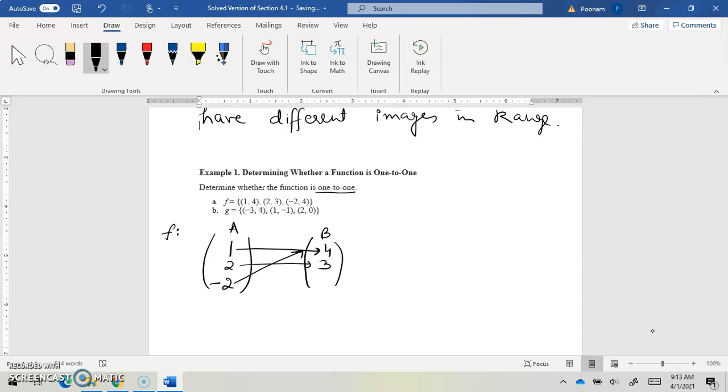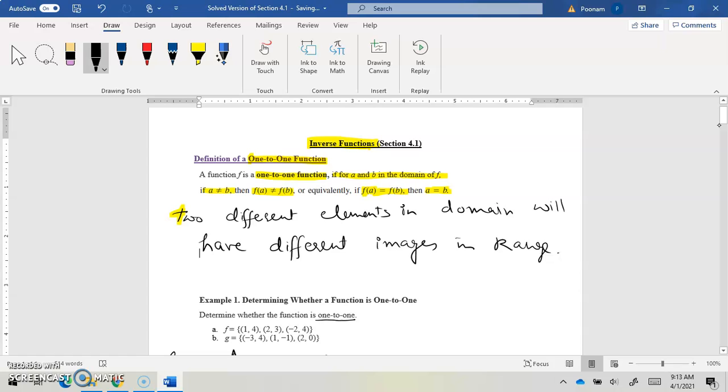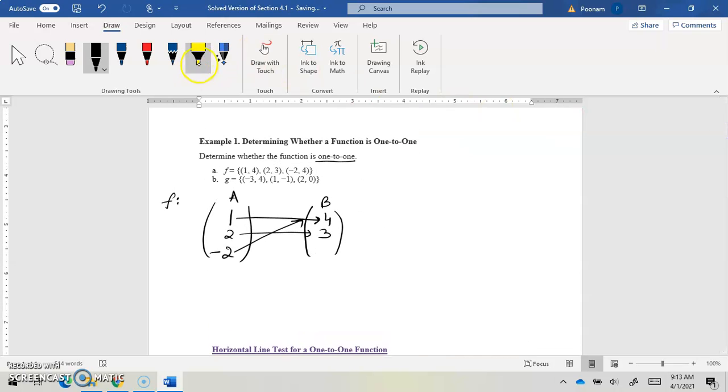So what did we say the one-to-one definition was? Two different elements should not be related to the same element. If the elements are different, then their images should be different. But in this case, 1 is related to 4 and negative 2 is also related to 4. So we are going to say f is not a one-to-one function.